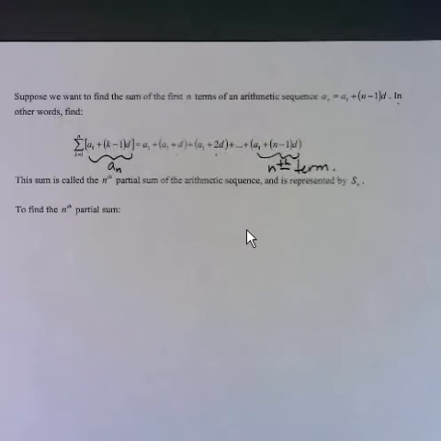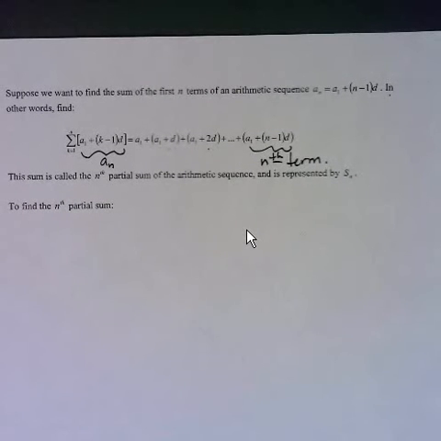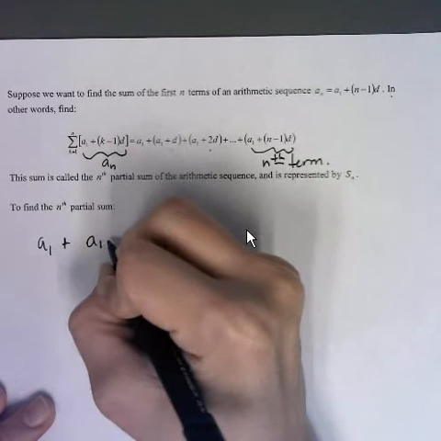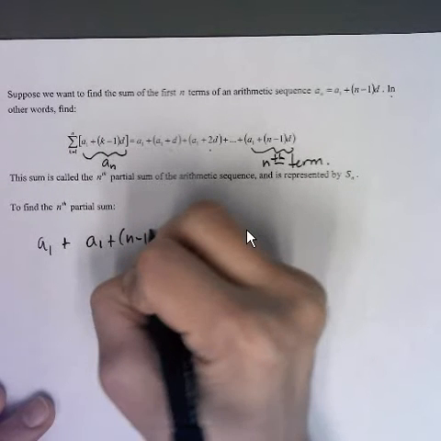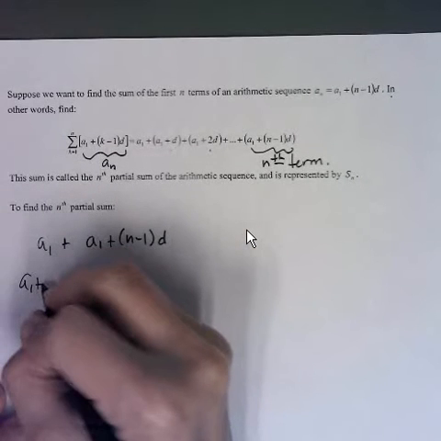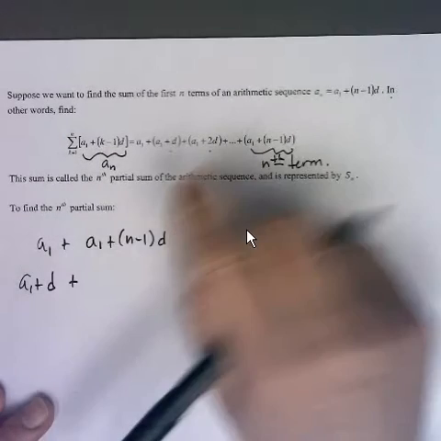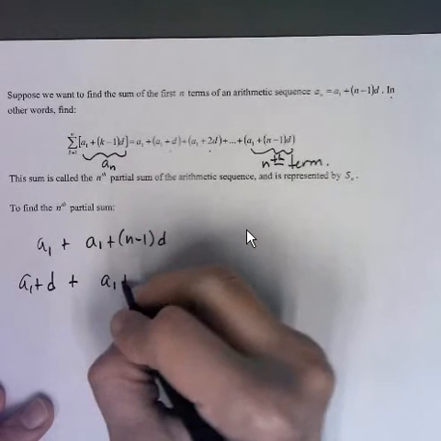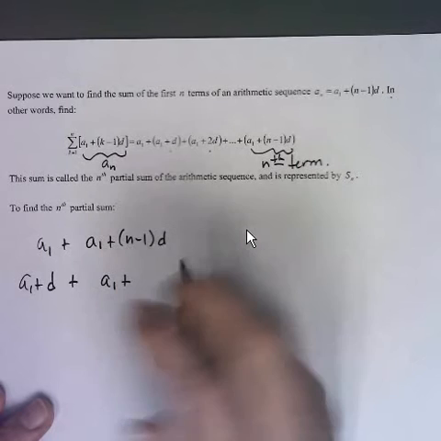So to find the nth partial sum, we'll take a sub 1 plus a sub 1 plus n minus 1 times d. And then we'll take the second term, a sub 1 plus d, plus the second to the last term, which will be a sub 1 plus n minus 2 times d.